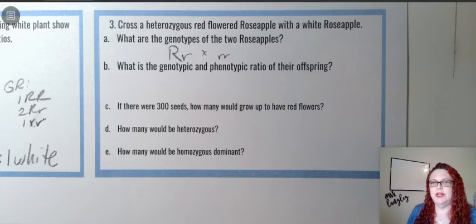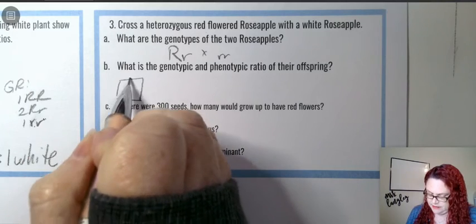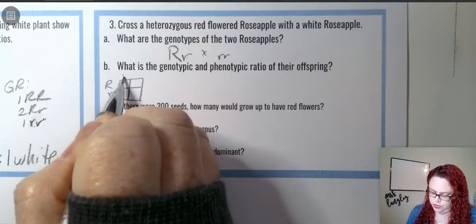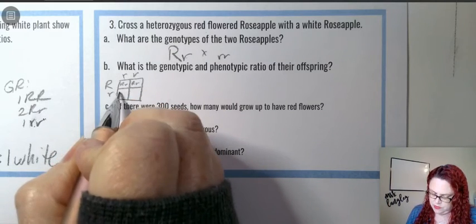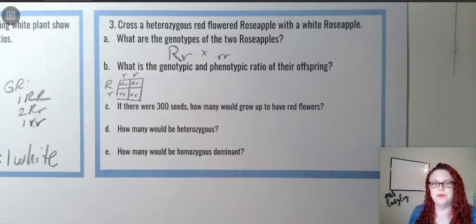What is the genotypic and phenotypic ratio of the offspring? So if I do a quick square here, I know that I'm going to have one letter for each. There's my offspring.